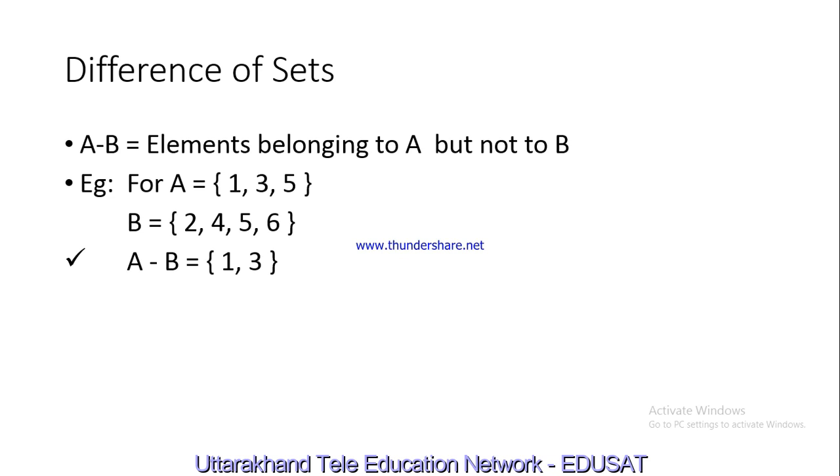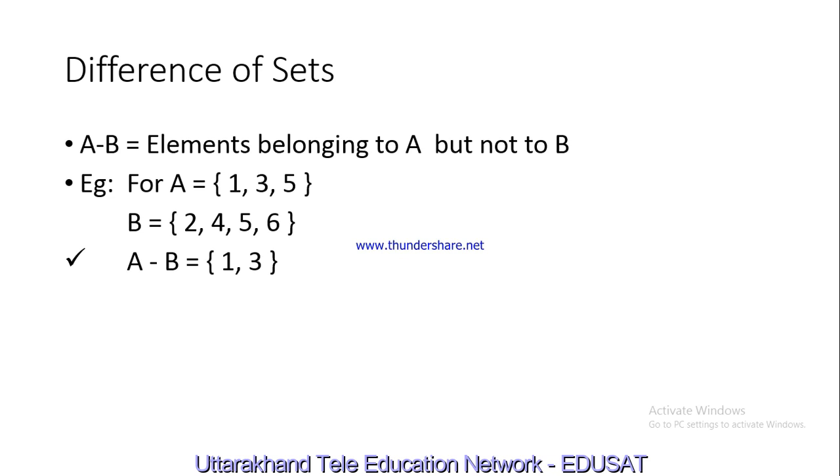1 and 3 are the 2 elements which belong to A, but are not to be found in B. 5 is the element which also belongs to B, so I have basically eliminated 5, and that is how we have got A minus B is equal to 1 and 3.